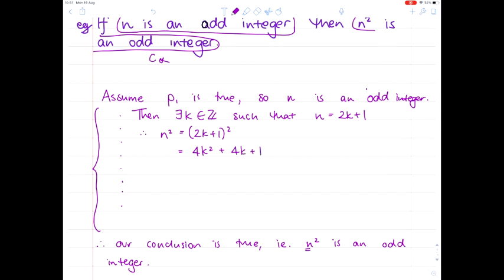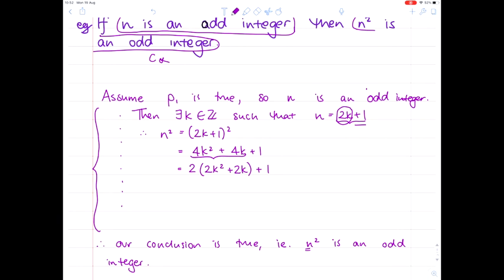Now if we think about what n squared being odd means, we need to write n squared in a similar way to this. We'd like to write it as 2 times something plus 1, because then we'd know that it was odd. Aha, if we have a look at these first two terms, we could take out a common 2. So we could write this as 2 times (2k squared plus 2k) plus 1.